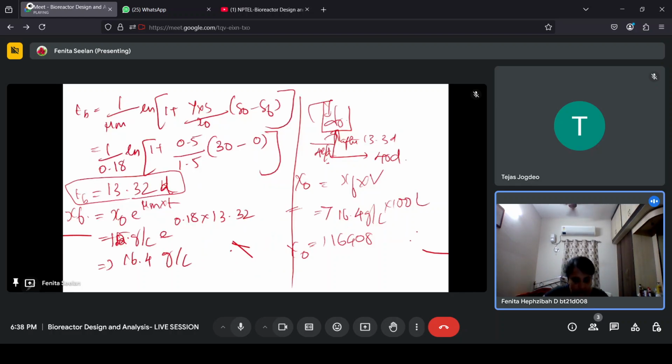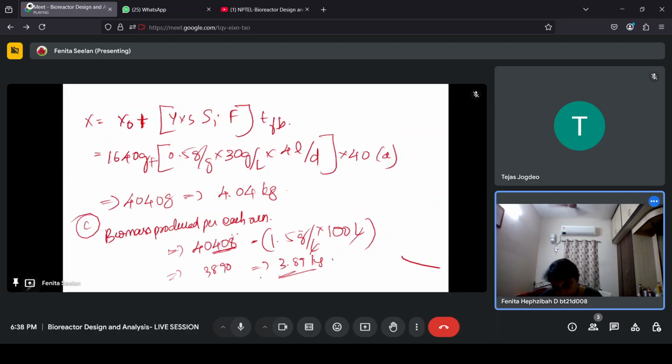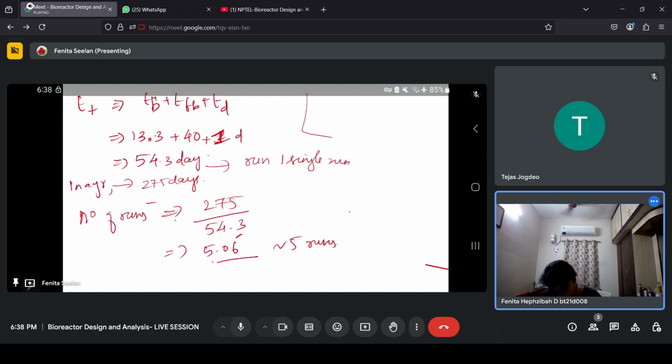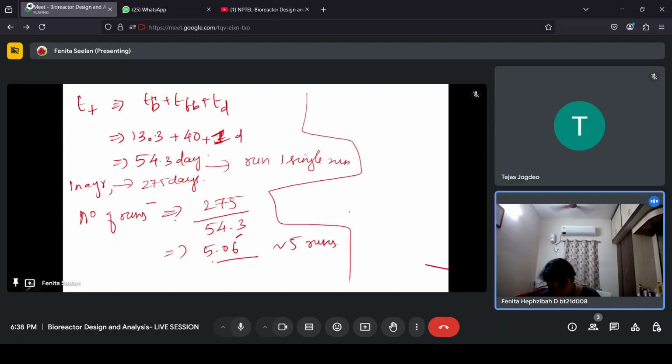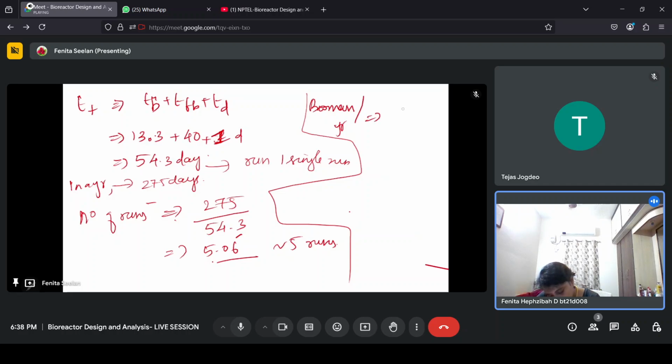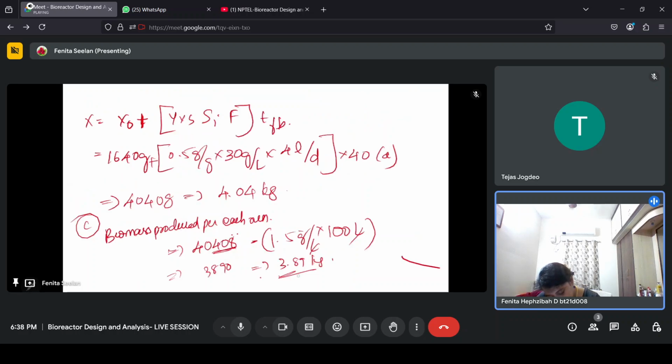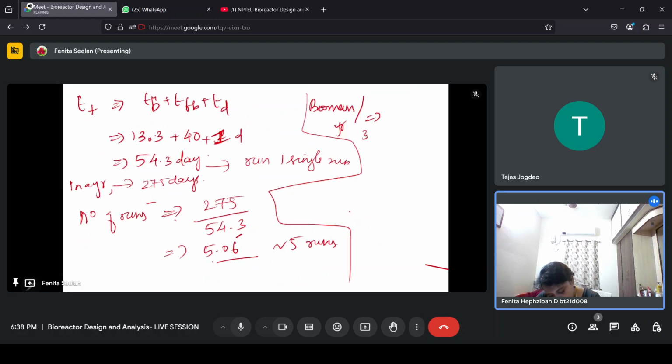To calculate that, what do we have to do? Like we did in the last problem, the biomass produced per year is equal to total biomass produced per run times the number of runs. What was the total biomass we calculated? It is 3.89 kg, 3.89 kg times 5.06, or you can take it as 5 runs. So what would be the answer?